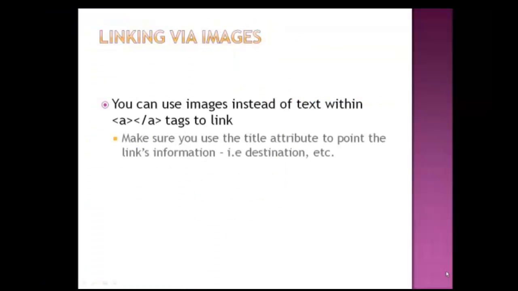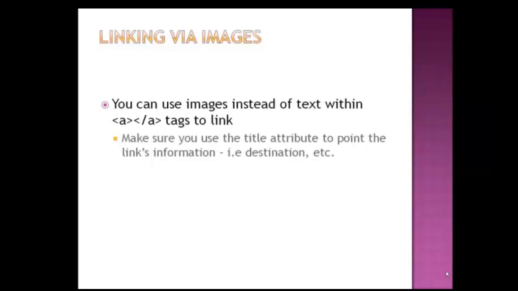Now another topic that I want to talk to you about is the topic of using images instead of text within your A tag links or hyperlinks. Instead of typing the text, you can use the image tag and create the source of the image to make the links become visual instead of textual.